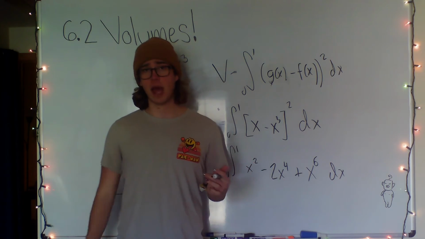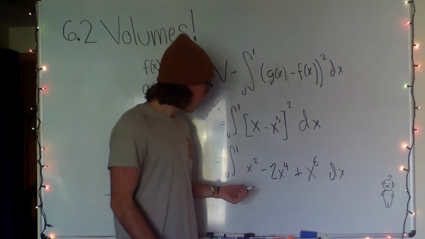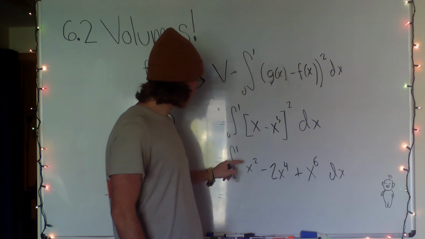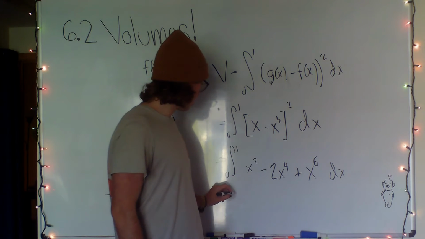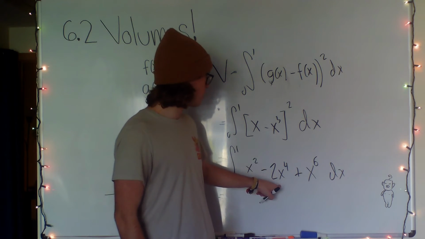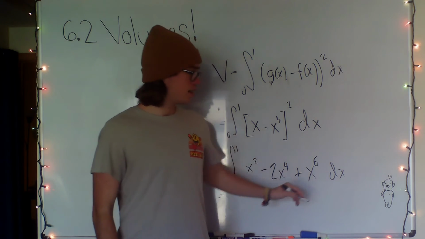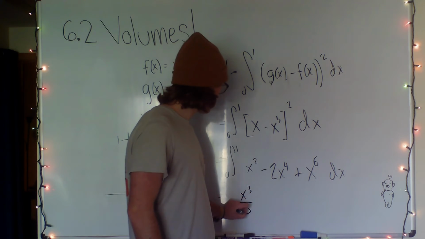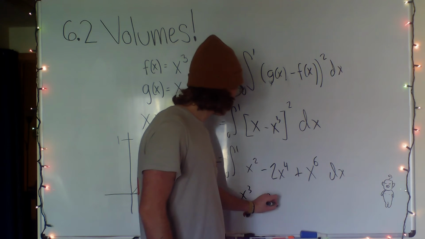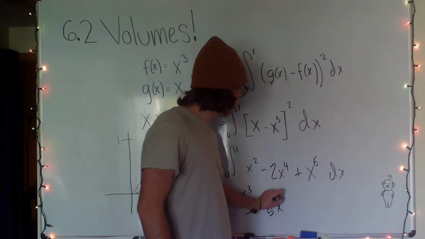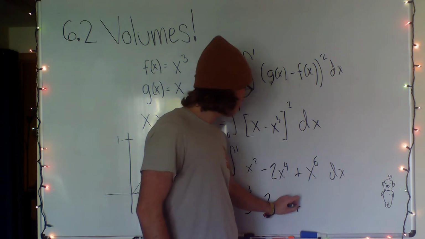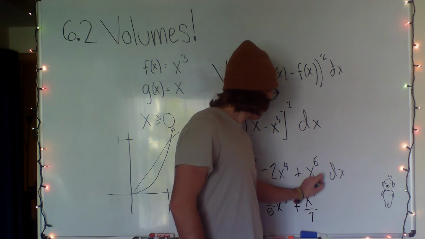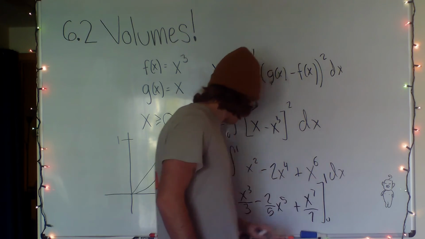And then this is very easy. We just do reverse power rule on these integrals, and this is just going to be equal to x cubed over 3 minus 2/5 x to the 5th plus x to the 7th over 7 from 0 to 1.